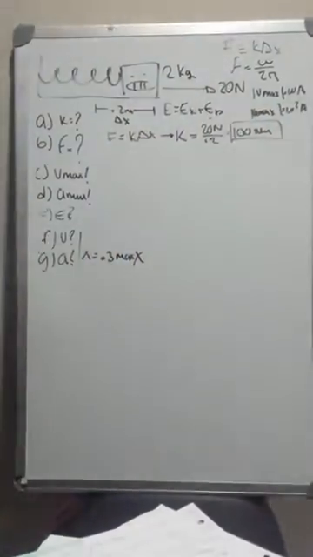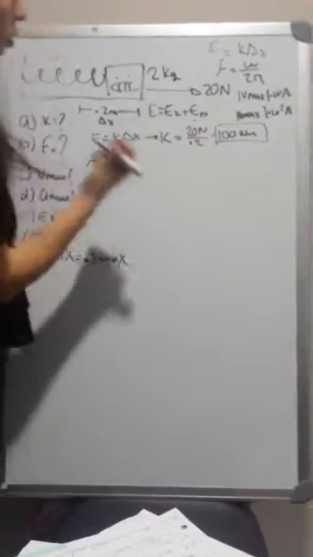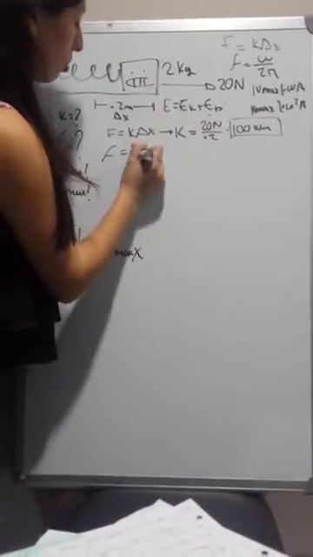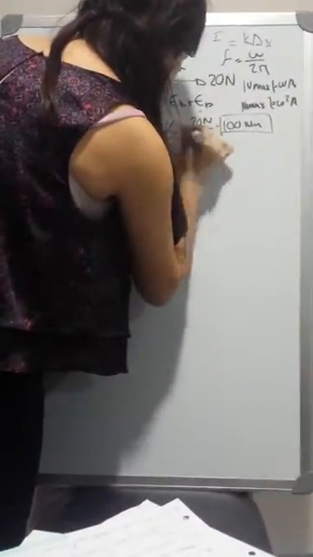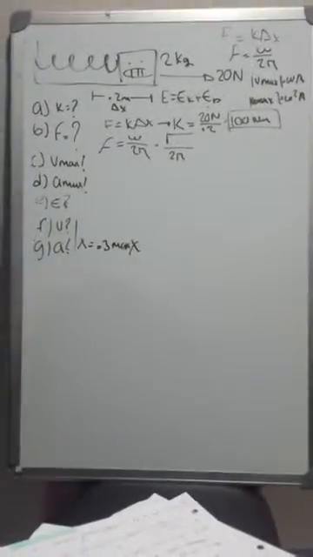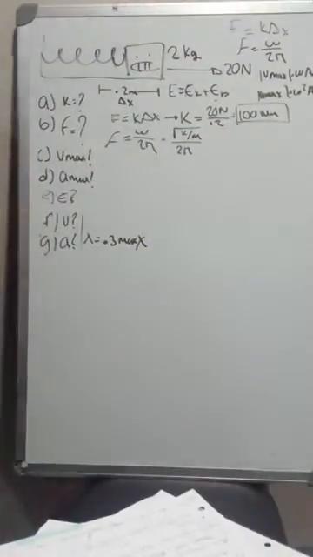Then we have to find the frequency. In our formulary there's a formula that says the frequency is omega divided by 2 pi. And we also know how to find omega: omega is the square root of the constant divided by the mass.